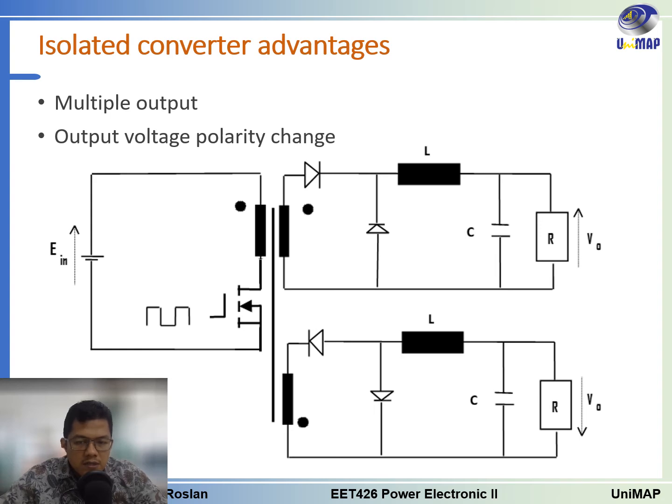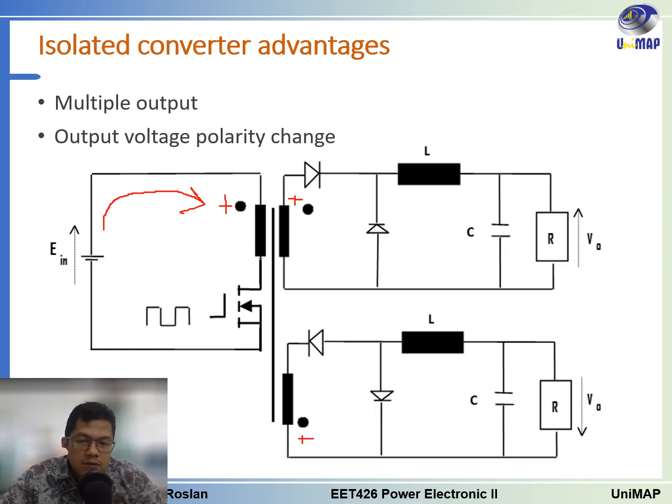Let's say the current flows this way when the switch is turned on. Like I mentioned before, this side will be positive, and due to the dot polarity, this one will be positive too.